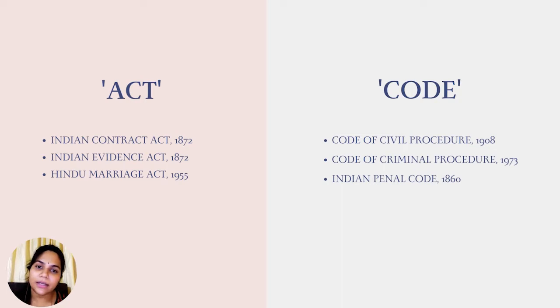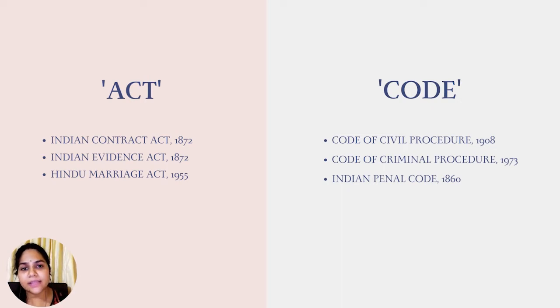Now, on the other hand, let's switch to the Code. We have examples like the Code of Civil Procedure, Code of Criminal Procedure, Indian Penal Code. So what does that mean? Why is Act not being used? Whenever Code is used after the name of the statute, it implies that it is a compilation of laws, rules and regulations that are systematically arranged.